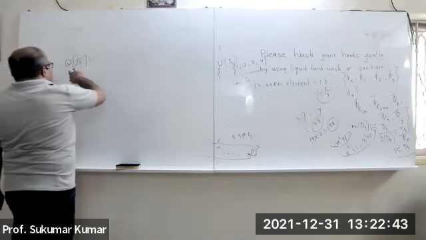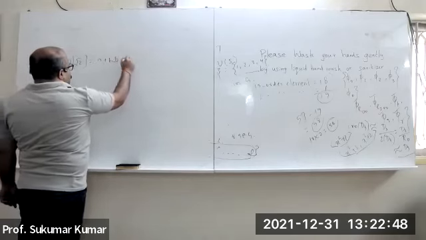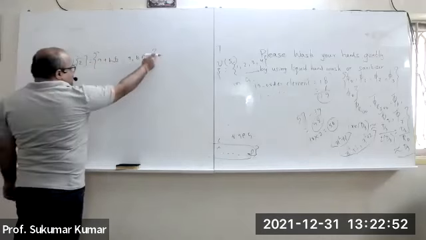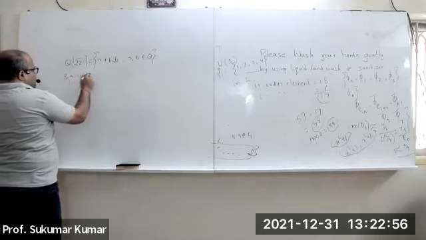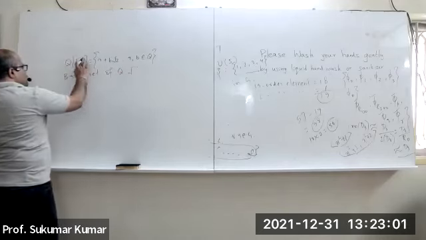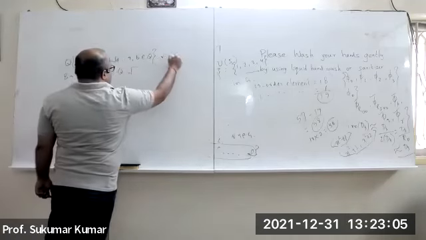Correct, sir. Q box root 2 means elements of type A plus B root 2, with A, B from Q. This is over the field. So you can write the basis set of Q box root 2, or root D, any type of D, for all D belonging to integer.